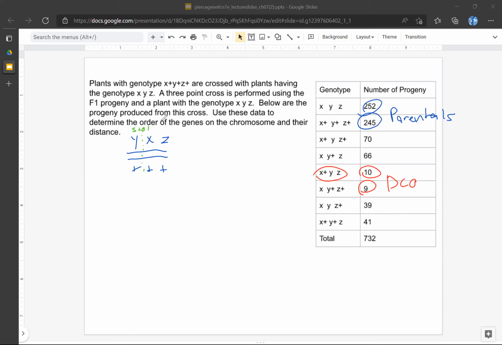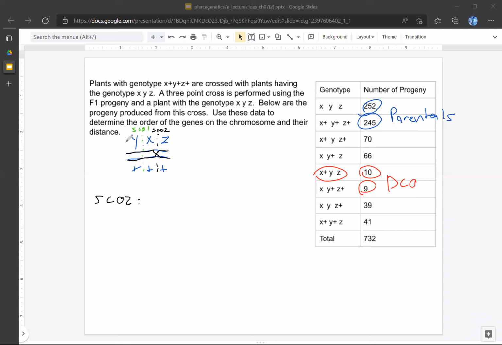And then we have our single crossover 2. So let's investigate single crossover. You know, let's be cheeky and investigate single crossover 2 first. So single crossover 2 occurs here at this locus between the X and the Z genes. So we have this and this.